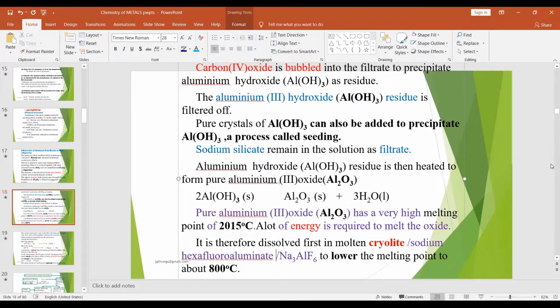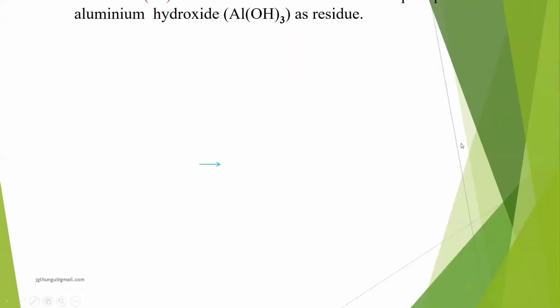Aluminium. So tunaona melting point inashuka from 15 degrees centigrade to what? 800 degrees centigrade. Okay. Let's see in the process.